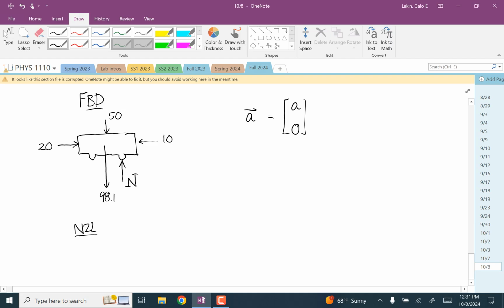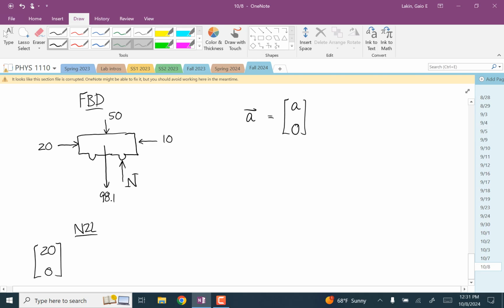And now the last step is to go to Newton's second law. So one by one, let's go through these forces. We have 20 newtons acting in the positive x direction. So what are the components of that force vector? 20, 0. Yep, perfect. We have 50 newtons in the negative y direction.